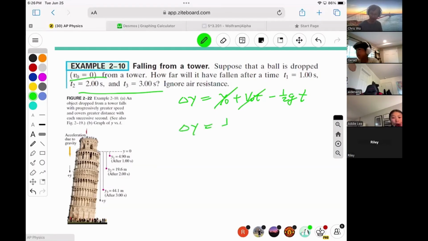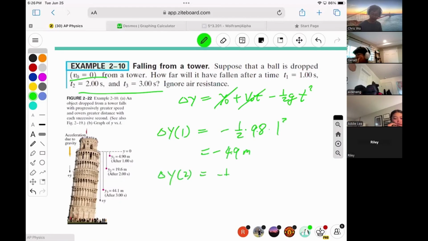If you plug it in, let's say delta y at 1 second, you're going to drop 1/2 times 9.8 times 1 squared, so there's t squared here. You're going to drop 4.9 meters in 1 second. In 2 seconds, you're going to drop 4 times that, which they calculated for you: negative 19.6 meters.